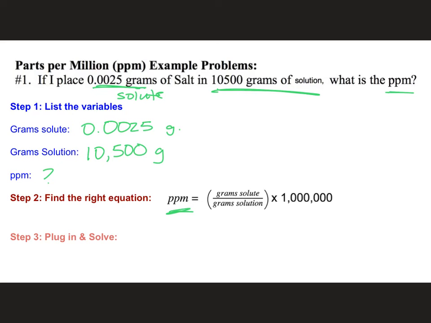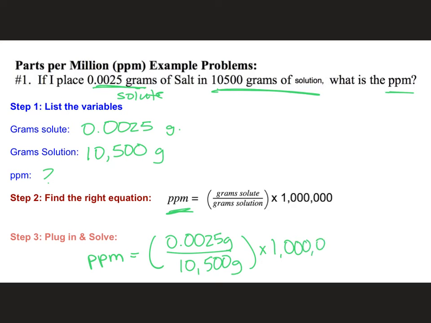Last step is to plug in and solve. So grams of solute, 0.0025 grams divided by 10,500 grams, and then don't forget to multiply by 1 million. And I'll get my calculator out and solve.